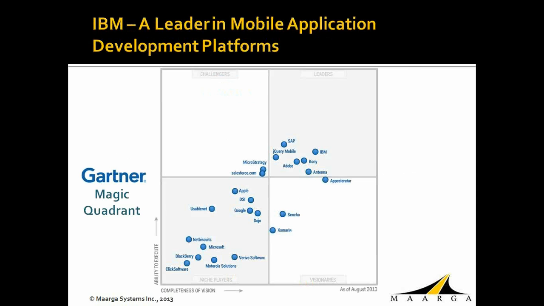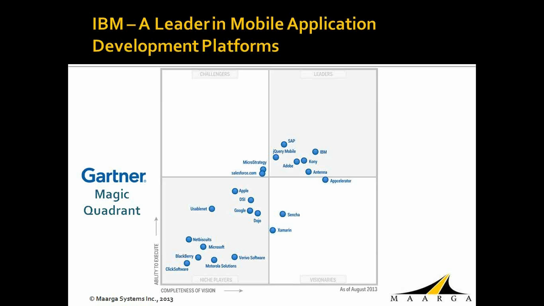A quick note about IBM itself. IBM has been a leader in mobile application development platforms, and Gartner has just agreed. Now, IBM is one of the largest players in this enterprise mobility market.